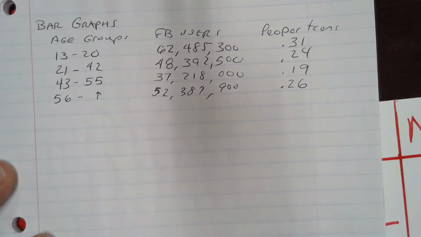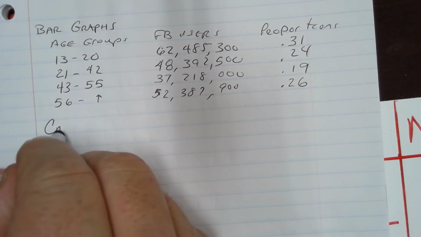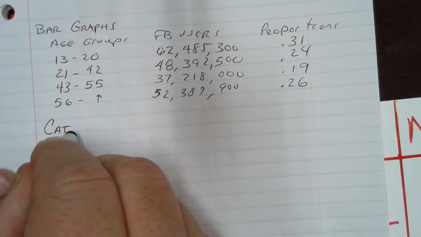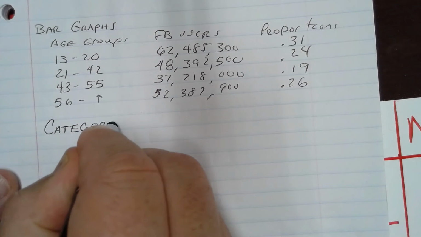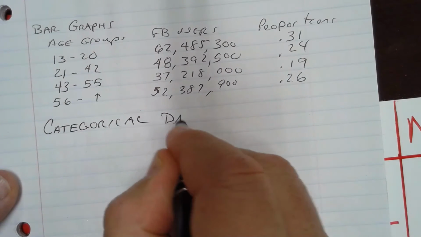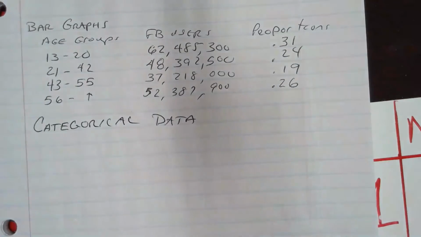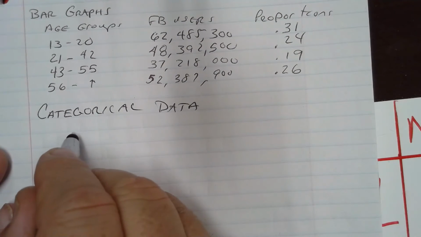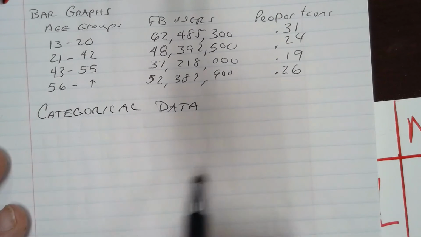And usually, well, not usually, when we use a bar graph, it's going to be categorical data. It's counts. Okay, so I have this random data up here of age groups and the number of Facebook users. And what I want to do is a bar graph based on the proportions of people who use Facebook.